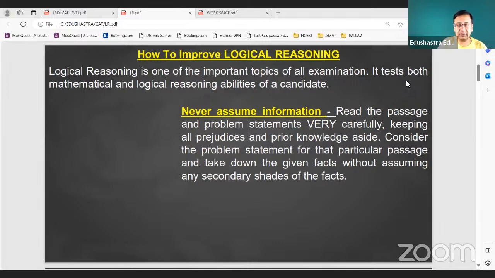In English, you can say this is grammar, tenses, parts of speech, unseen passages, para jumbles, etc. Different types are there. But here in logical reasoning, there is no specific topic. Anything can be called logical reasoning. So this can be in the form of arrangement, some calculation based, some games and tournaments. There are various different topics which are coming under this head, that is logical reasoning.